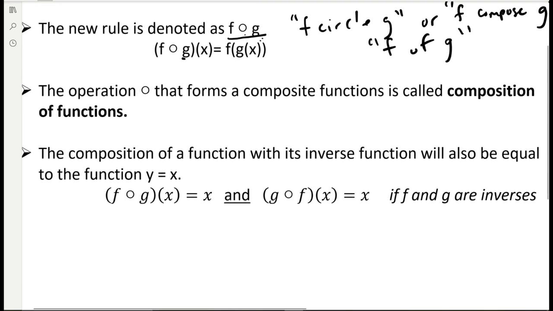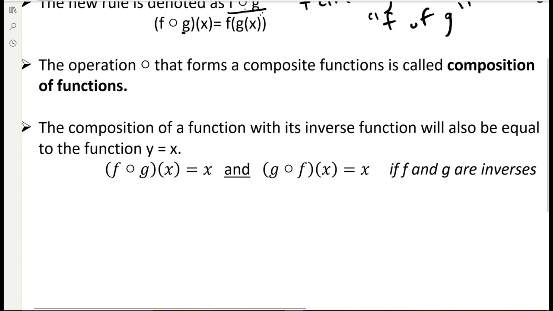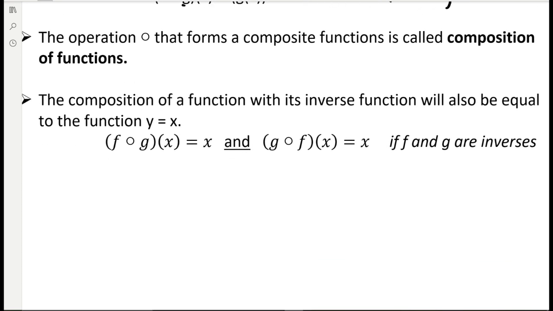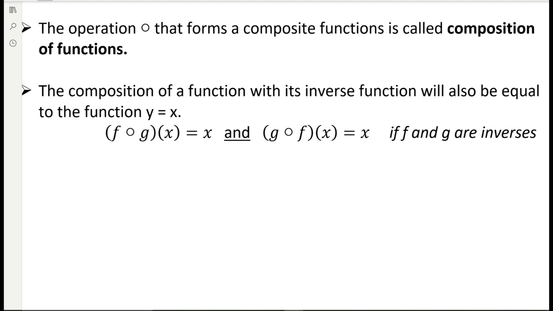So regardless, the operation is called the composition operation. And there's one special property of this operation. The property is that if you compose a function with its inverse, then you're always going to get the value x. And if you switched it, you're also going to get x.